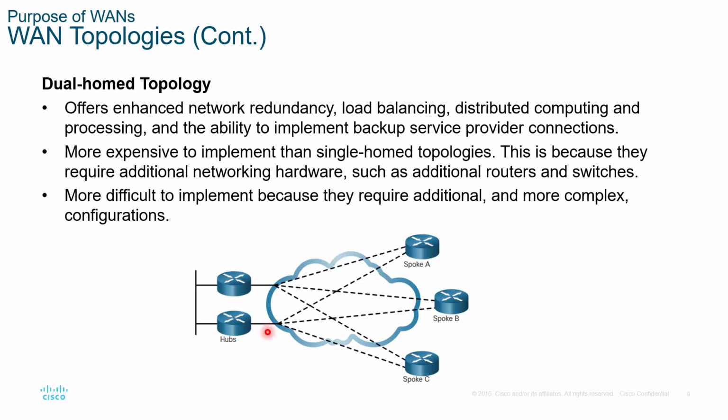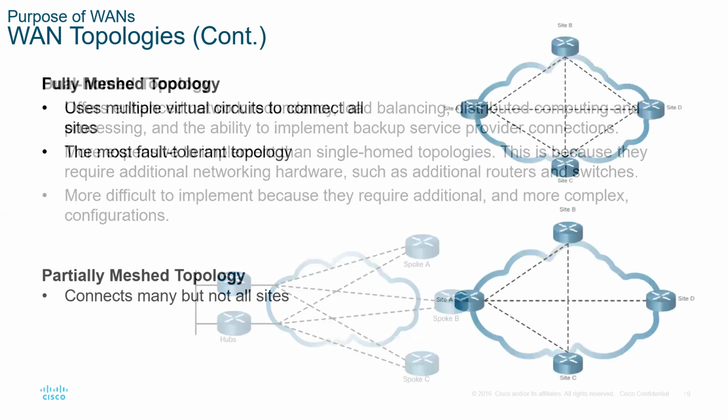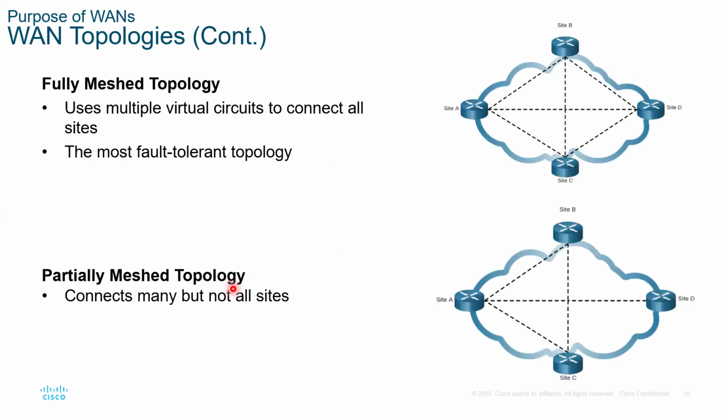But if the ISP fails, then you have a problem. And that is why we have multi-homed type of topology, where this one is one ISP, then this is a different ISP. So two connections with two different ISPs. I think let's cross that bridge when we get there. Dual-home topology. Then we are fully meshed and partially meshed.